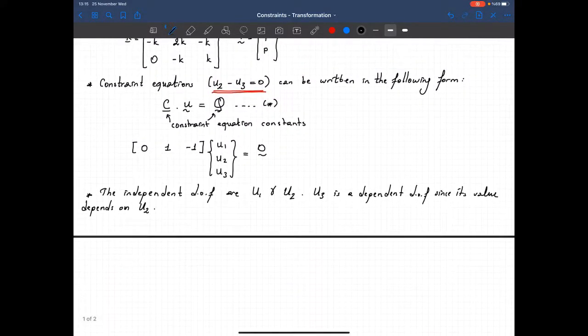So, having that information, let's partition equation star so that the retained degrees of freedom are only the independent ones.